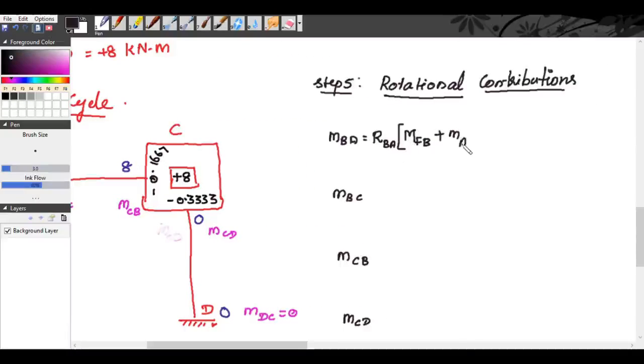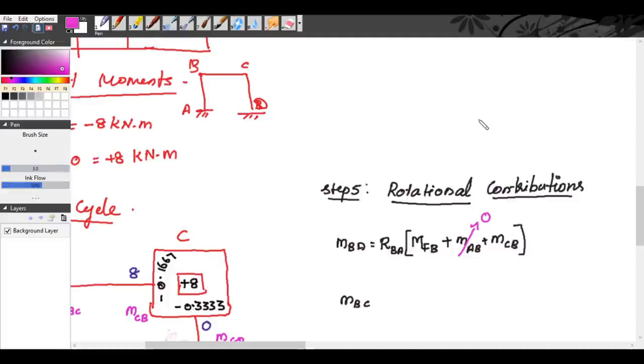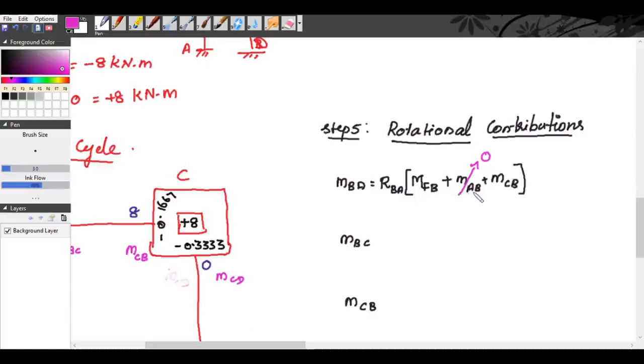Now this MAB is always equal to 0, right? There will not be any rotational contribution. You can see it in two ways. One is because it is fixed. The other way, you can see whether there is a rotational factor for AB. If there is no rotational factor for AB, that becomes 0.